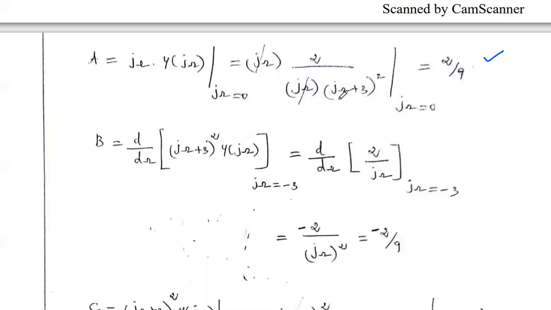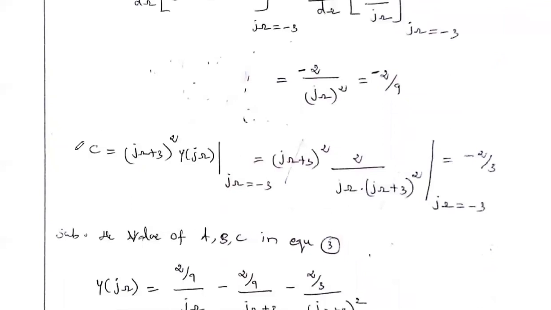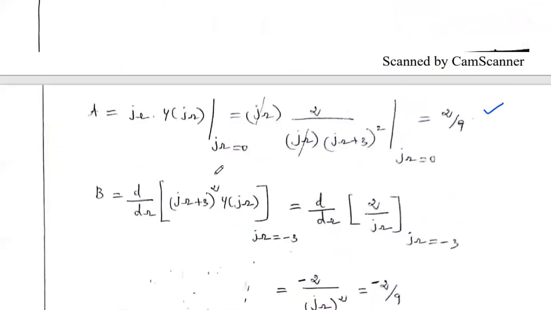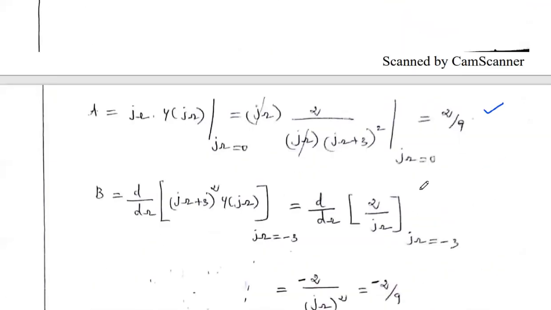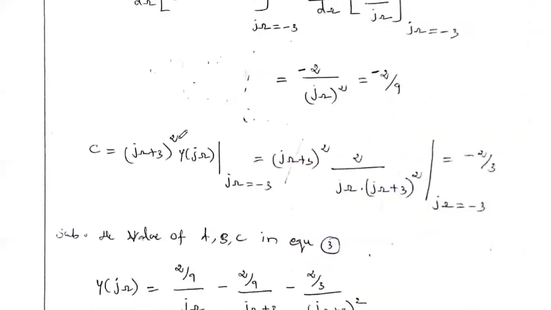Similarly B is calculated, and C is calculated in the usual method. What is the value under C? Since the root is repeated 2 times, it is (j omega plus 3) whole squared. So (j omega plus 3) whole squared into the function Y of j omega, at j omega equal to this pole value minus 3.